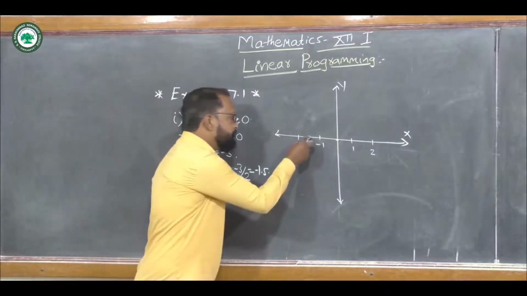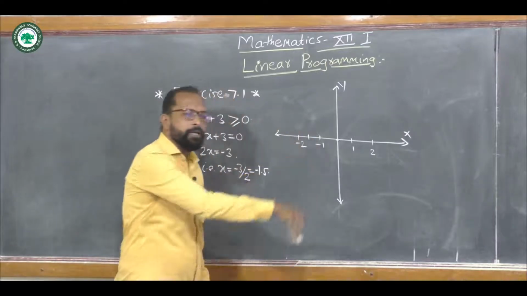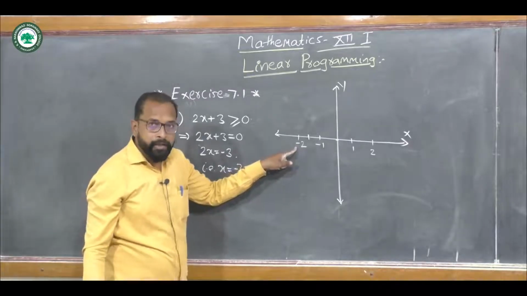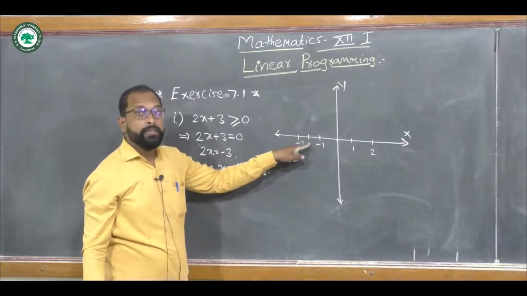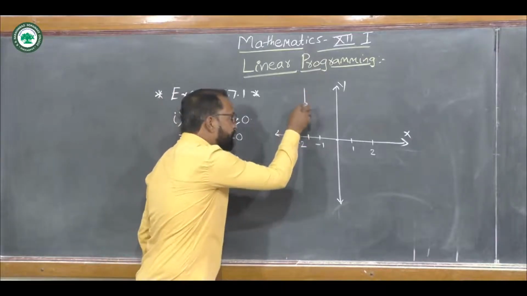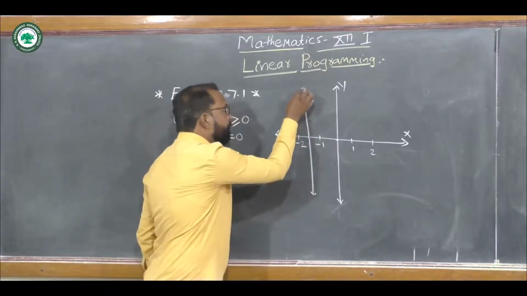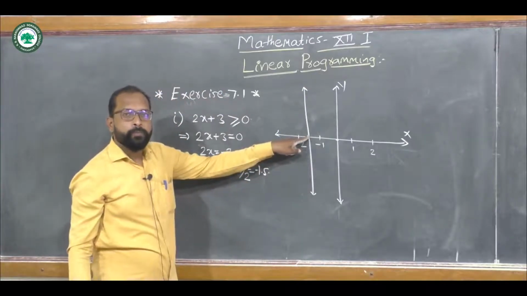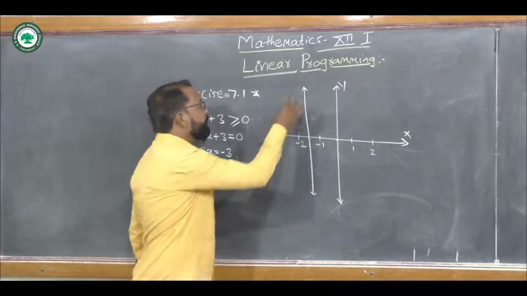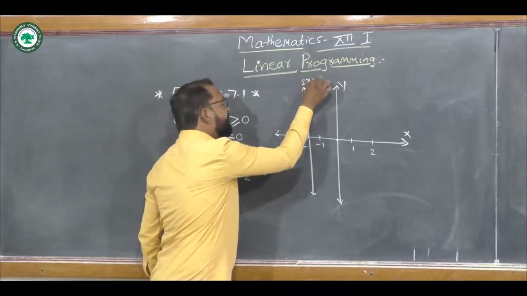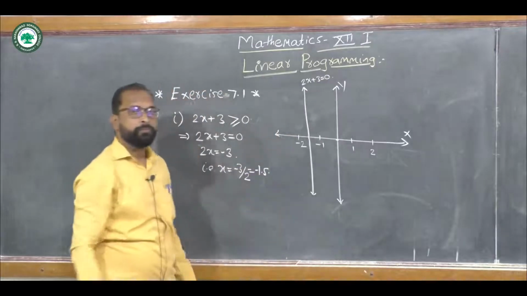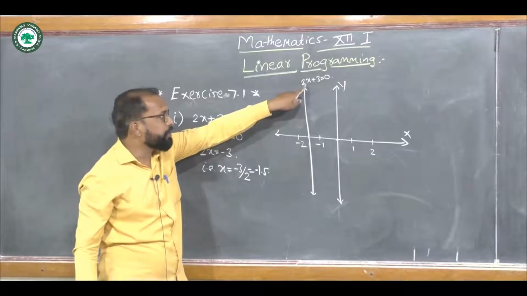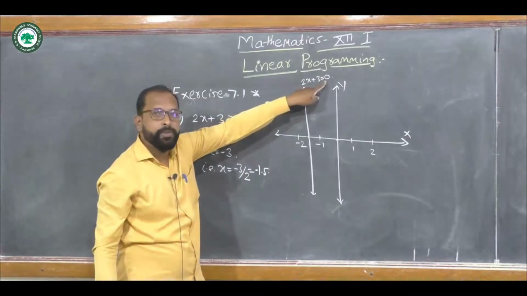Minus 1.5 is in between minus 1 and minus 2. So draw a line which passes through this point minus 1.5. This is the line for the equation 2x plus 3 equals 0.